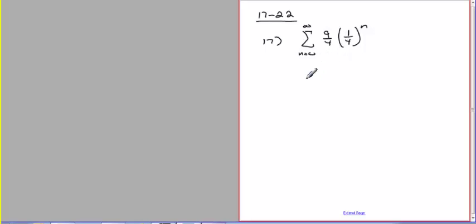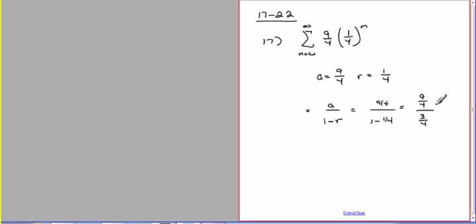Okay, so in the geometric series, A is the constant in front, R is the term in the parentheses that is raised to some exponent. And if you go back to your book and look under geometric series, you see that the series converges to A divided by 1 minus R. So I get 9/4 divided by 1 minus a fourth, so 9/4 divided by 3/4.